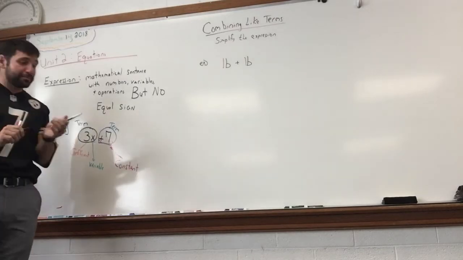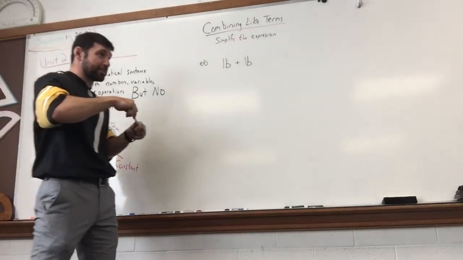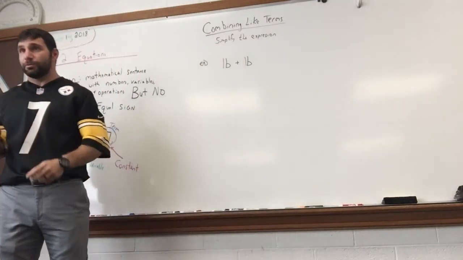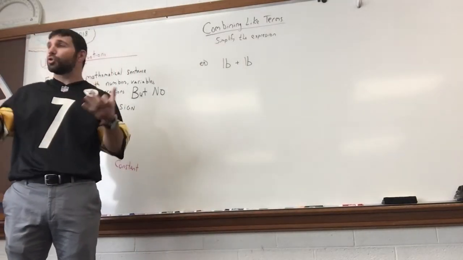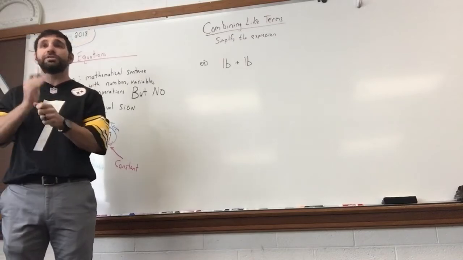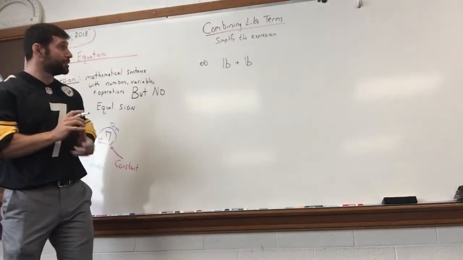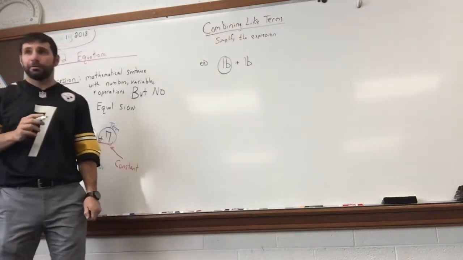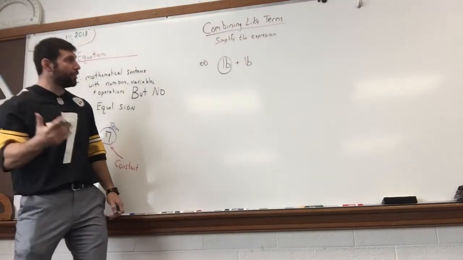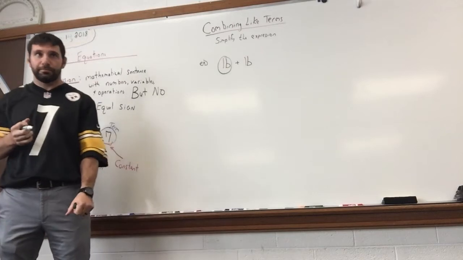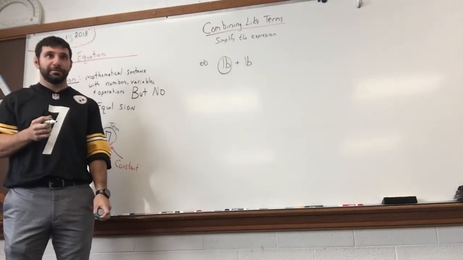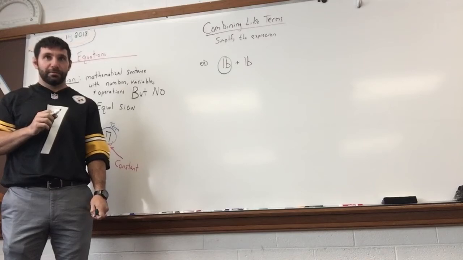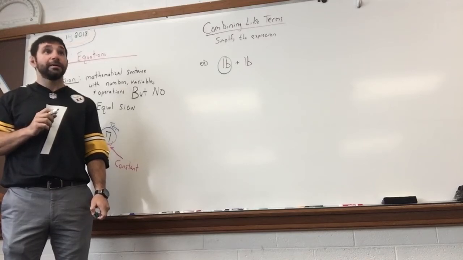Some of you are going to do this and some of you aren't, and it's going to probably bother both Miss Armstrong and I. When we find like terms, you're going to circle, box, underline, do something to show that they are like terms. So I'm going to circle. I've got 1 black marker. What's my other like term? Curtis? Plus 1B.